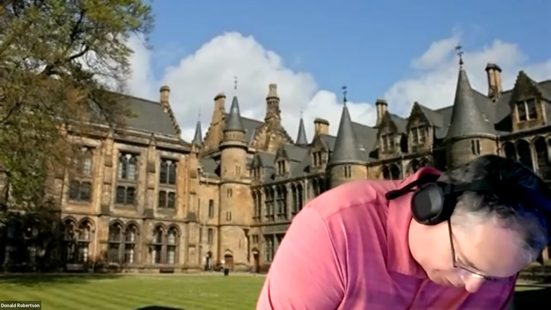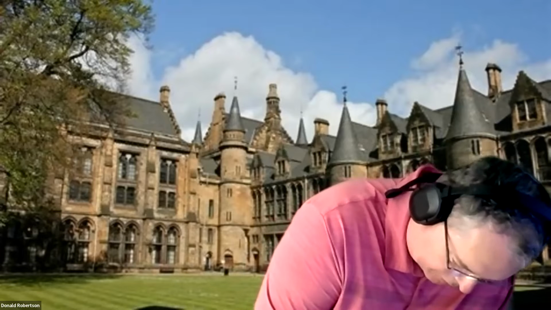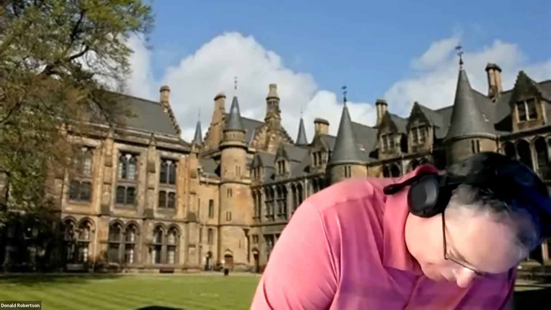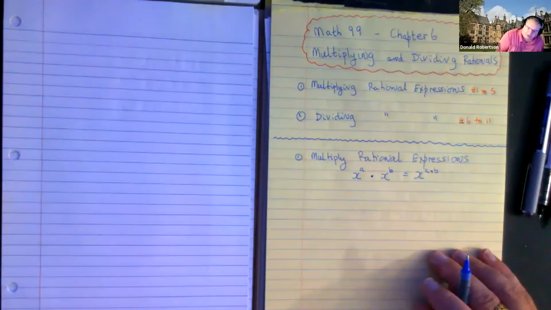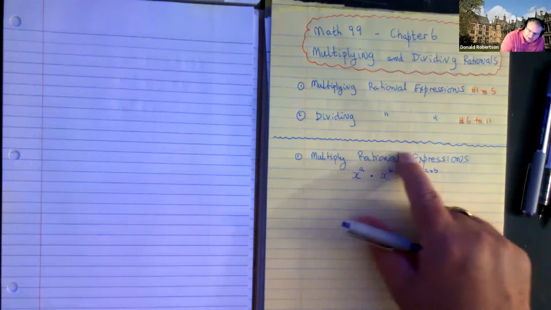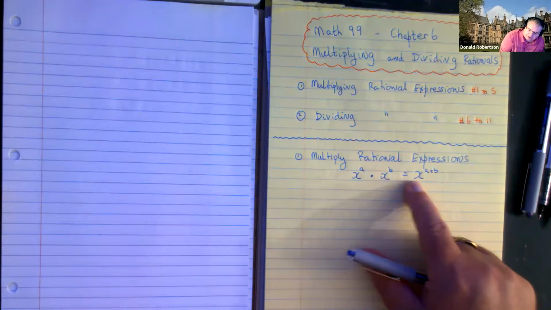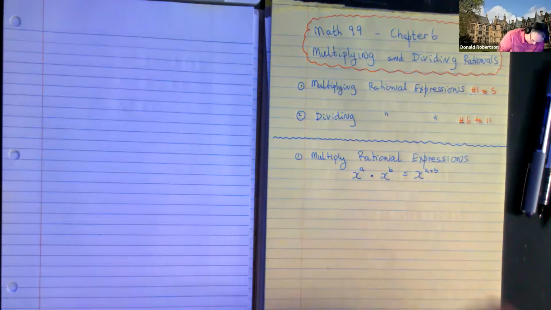If you take x to, say, the power of a, and you multiply it by x to the power of b, you essentially can combine them into a single power of x by adding powers. So just a quick recap, x to the a times x to the b is equal to x to the a plus b.